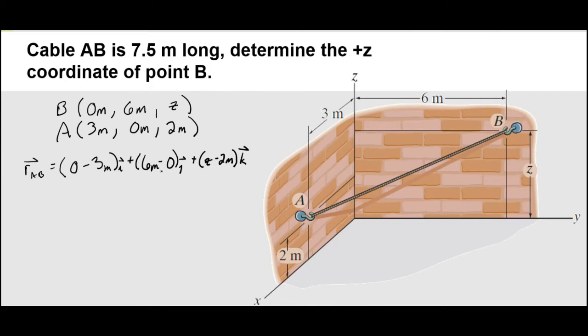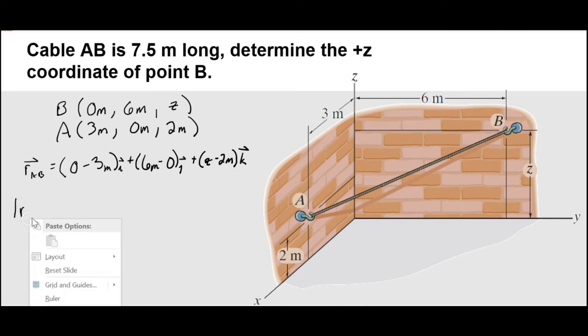But if we determine the magnitude of RAB, that is given as 7.5 meters. So if we determine the magnitude, then we should be able to solve for z since we have an additional known in the problem. So let's take the magnitude of RAB.